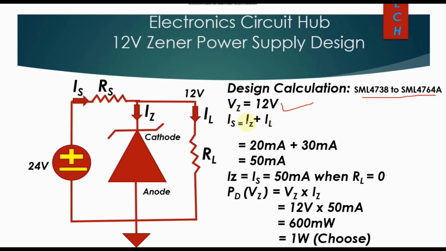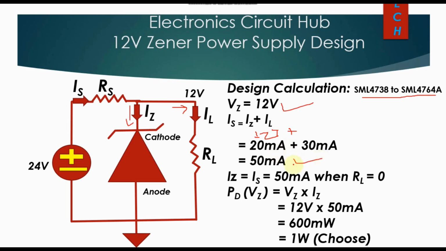This is Is. So Is equals Iz plus IL. Current flowing through here and current flowing through here. This is Iz plus IL. So this is 20 milliampere. I already told you that is the test current IZT, and this is the load current. So that is a total of 50 milliampere.